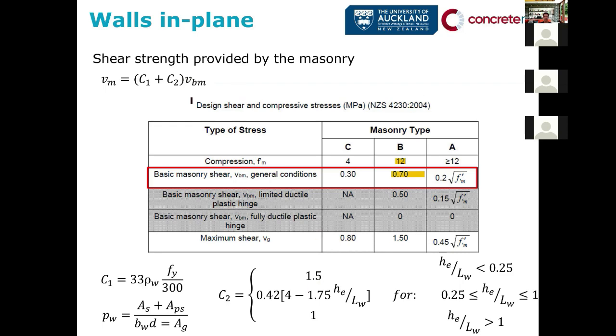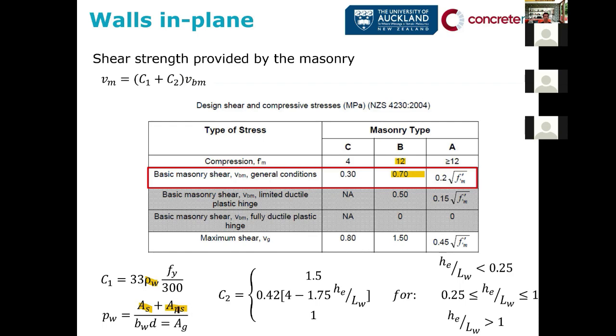That's simpler. Now C1 depends on this factor, which is the ratio of longitudinal steel and post-tension longitudinal steel in the tensile zone.